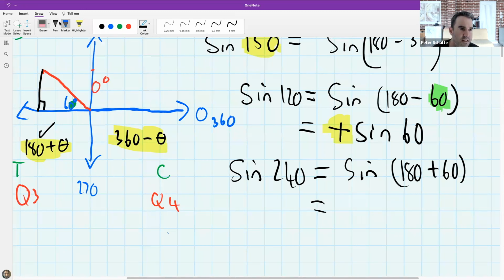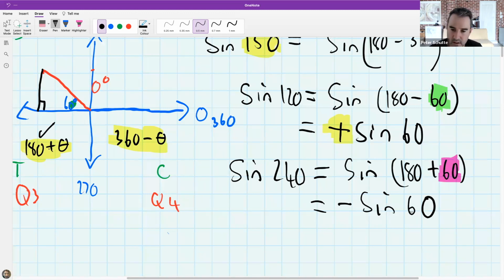The next step is to ask you, is the sine of 240 positive or negative? In quadrant 3, it's going to be negative. And using the reduction formula idea, all you need to do is theta is the angle that's left behind. And so you find that it becomes minus sine 60.